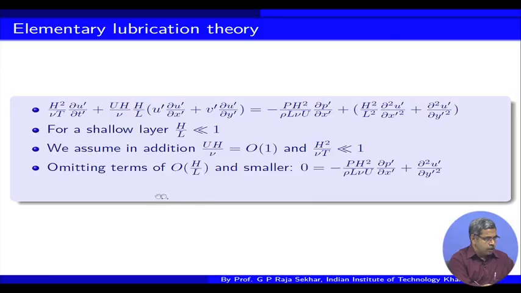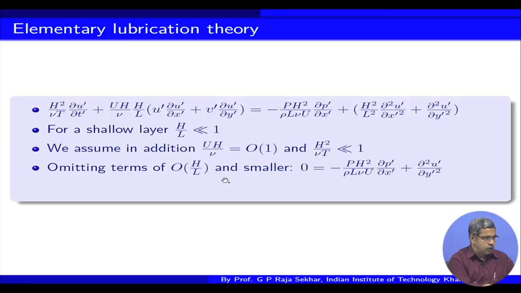Once we have such a small parameter identified, we are approximating with the assumption that we consider only terms of order 1, and from h by L and h by L square onwards, everything is neglected.